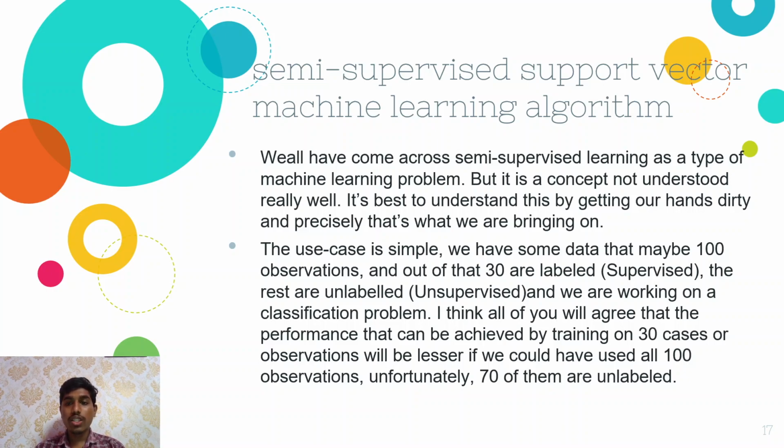It's better to understand this by getting our hands dirty, and precisely that's what we are doing. The use case is simple. We have some data, maybe 100 observations, and out of that 30 are labeled, so that is supervised, and the rest are unlabeled, that is unsupervised. And we are working on a classification problem.